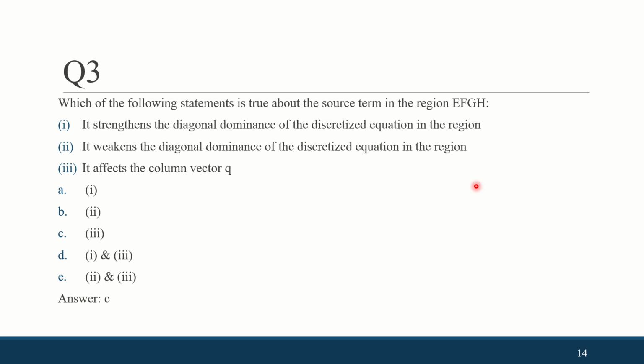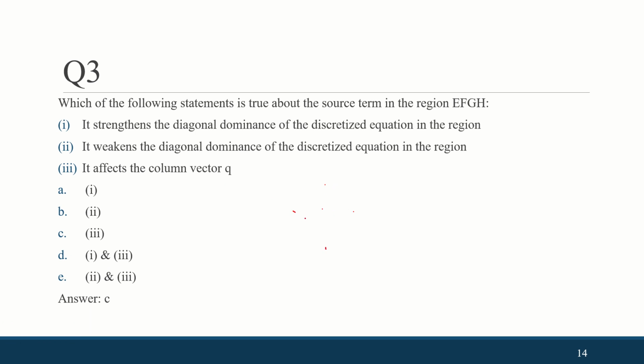In question 3, it is asked which of the following statements is true about the source term in the region EFGH? It strengthens the diagonal dominance of the discretized equation in the region. It weakens the diagonal dominance of the discretized equation in the region. It affects the column vector Q. If you can remember, we are discretizing it using 4 points.